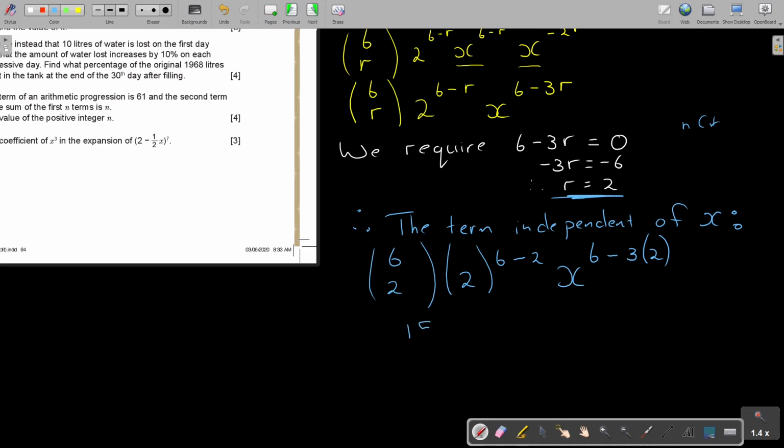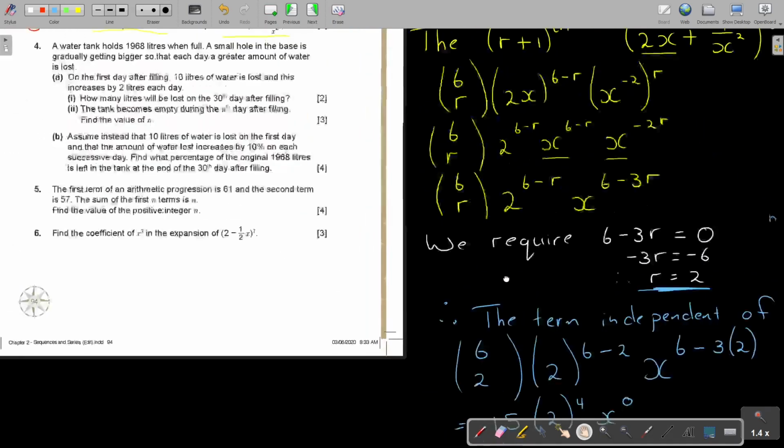Then I get 15. Then this is 2 to the power of 4 and this is x to the power of 0. And then I say 15 multiplied by 2 to the power 4 equals, and I'm getting 240. But don't stop there, read the question again.